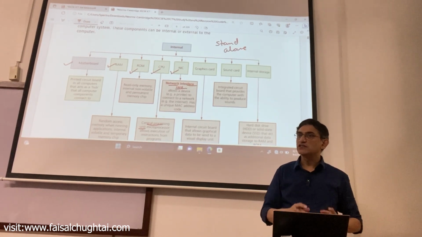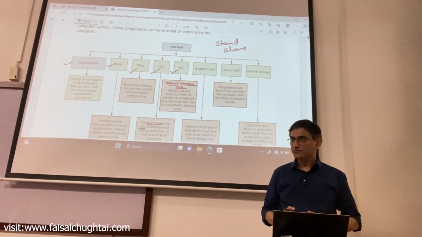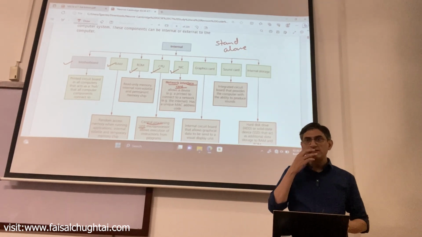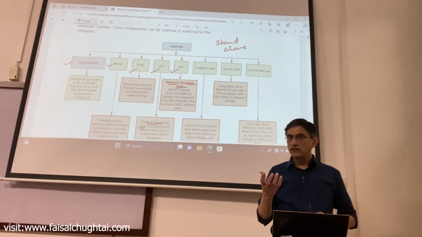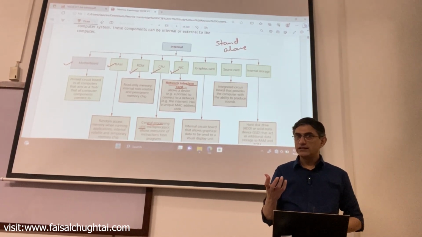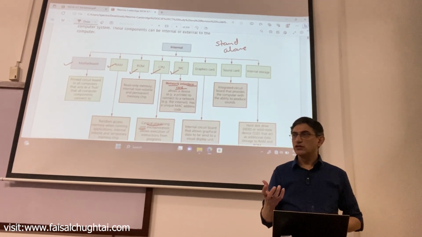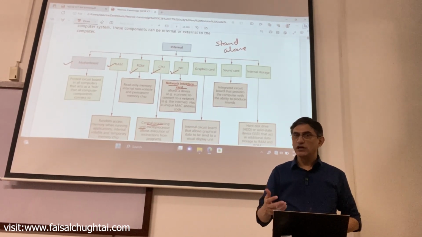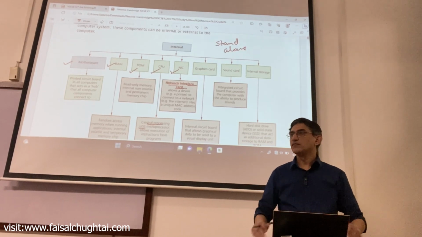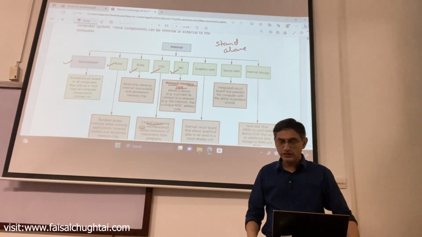It will remain a standalone computer. So NIC is that basic piece of hardware that will let your computer connect to the internet. Without it, you cannot connect it to a network. All right? Okay.